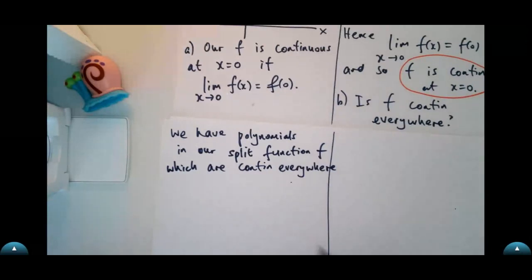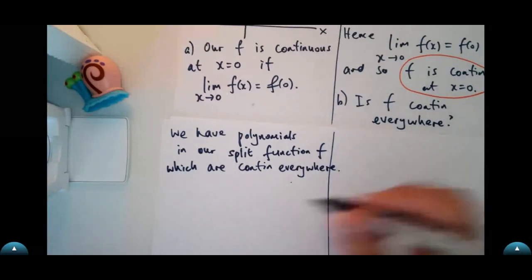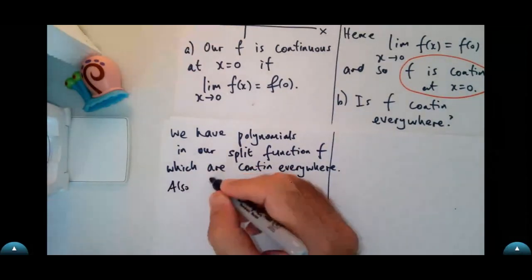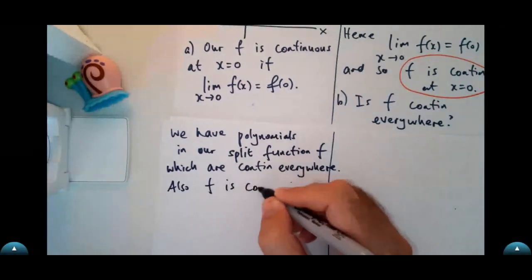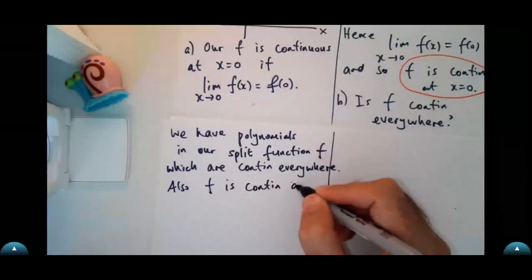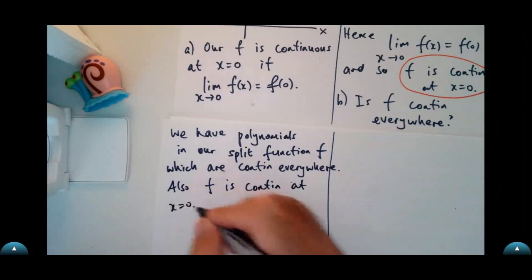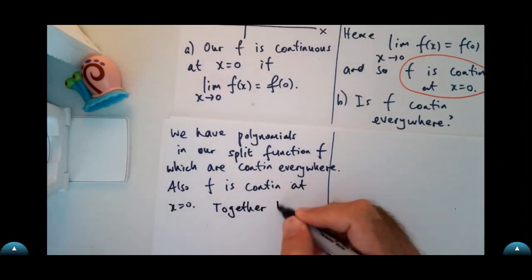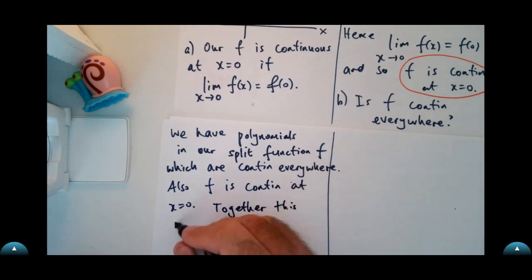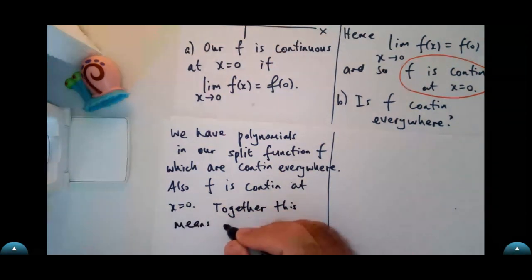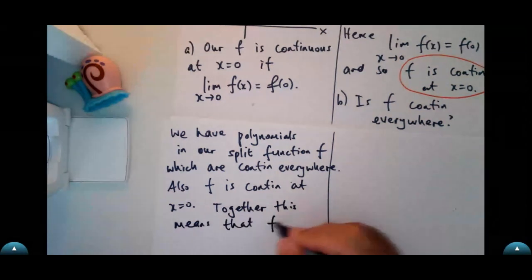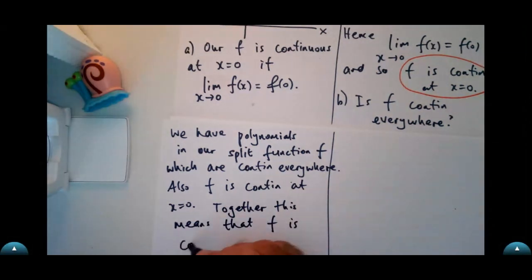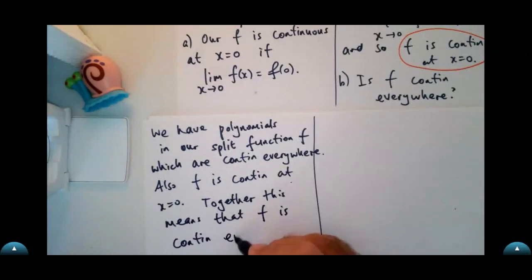So they're very friendly functions. Also, f is continuous at x equals 0. Together, this means that f is continuous everywhere.